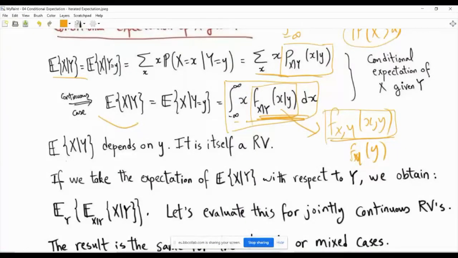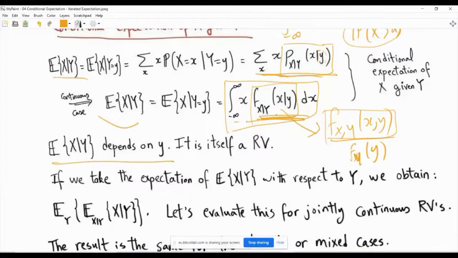So this is very important: generally the expected value of X given Y is something that depends on small y. Whether we are doing it for the discrete case, where small x is the index of summation, or the continuous case, when you do this, generally speaking, you will end up with something that depends on this other fixed parameter. You change this small y, you will get a different value.